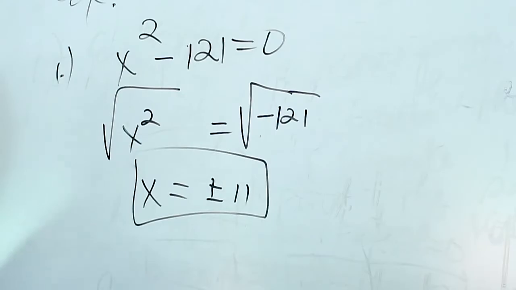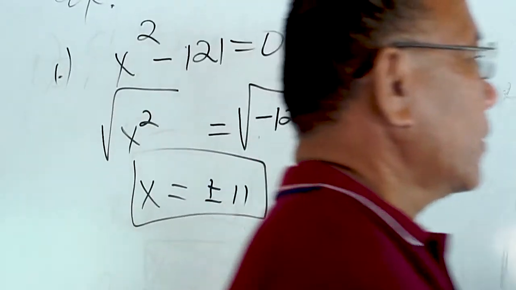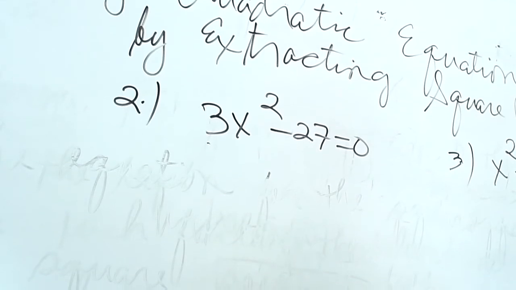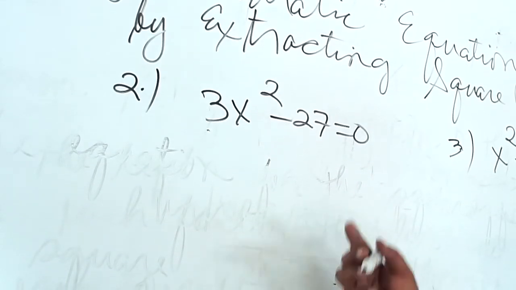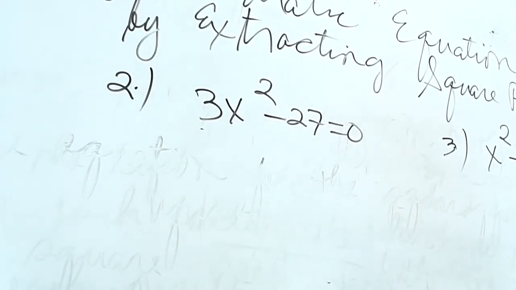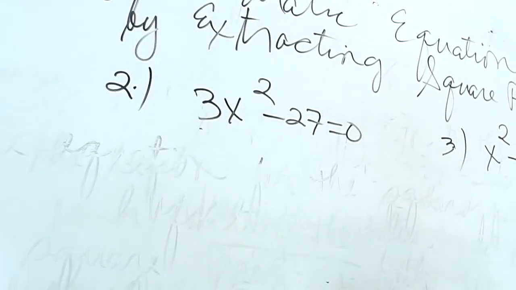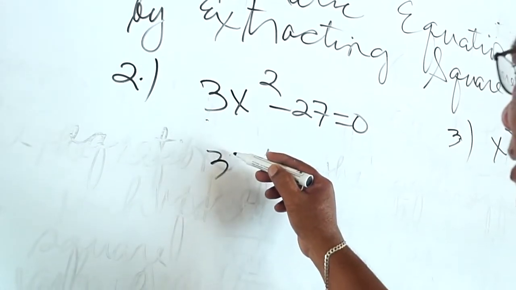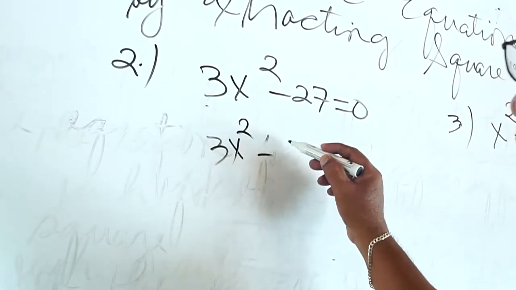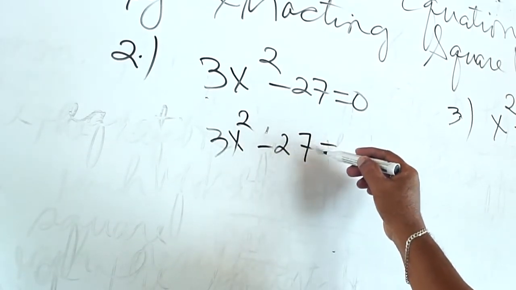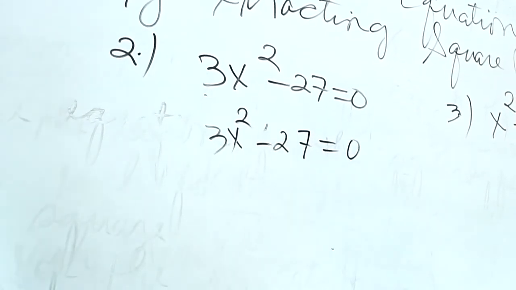Example number 2, 3x squared minus 27 equals 0. In this example, you have to apply the addition property of equality. So 3x squared equals 27.